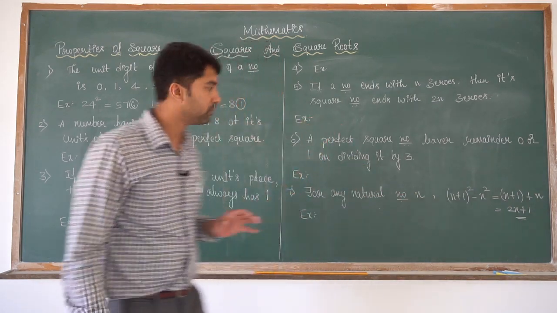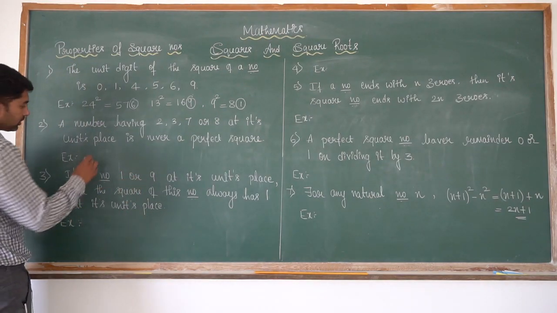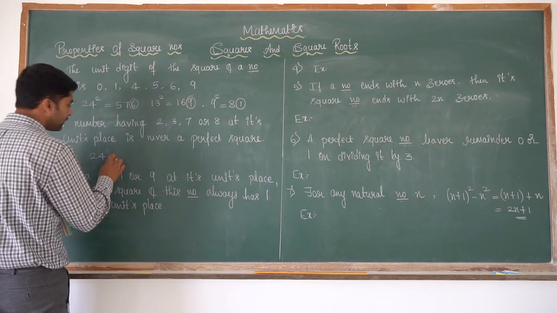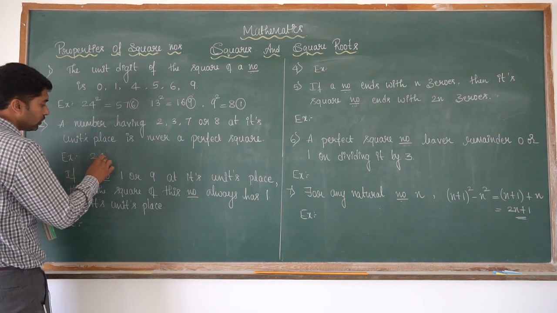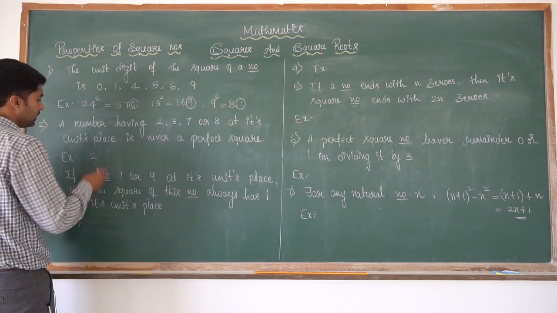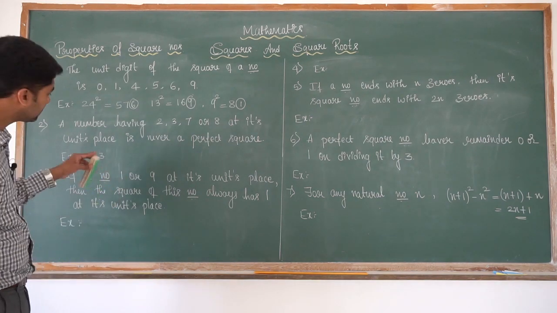Understood? So let me go with some examples. Suppose I have the number 23. It is not a perfect square number since 3 is in the units place.